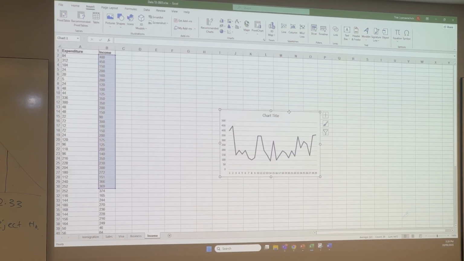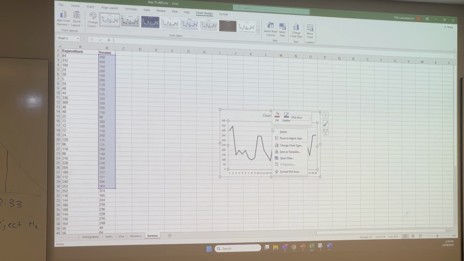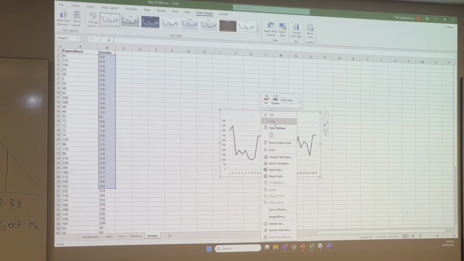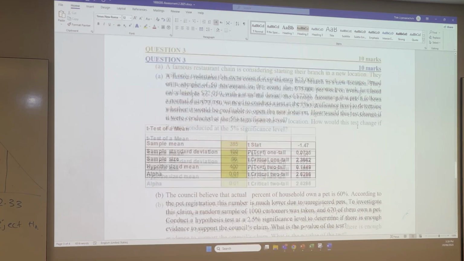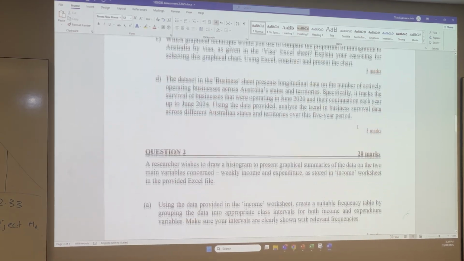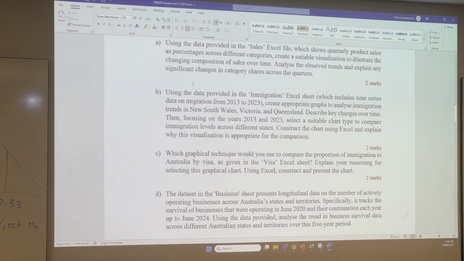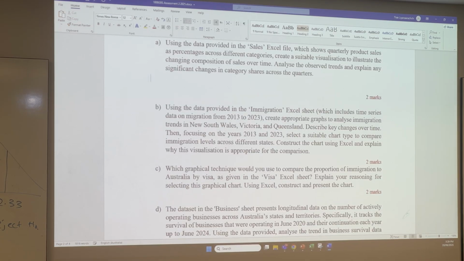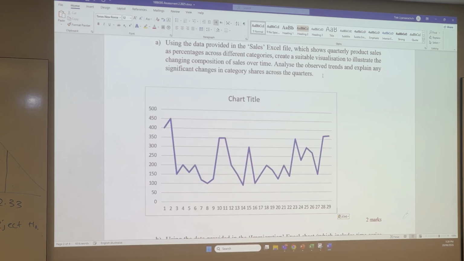And suppose you have a graph. Say that is your graph. Copy. So you think a line graph is the best. Copy. That's how you work in Excel.